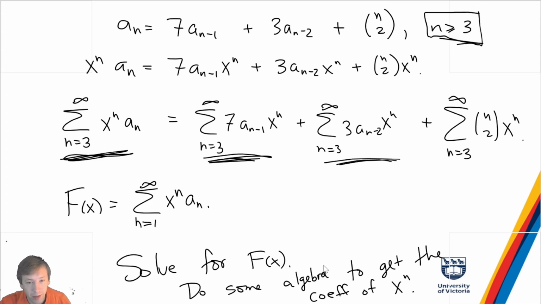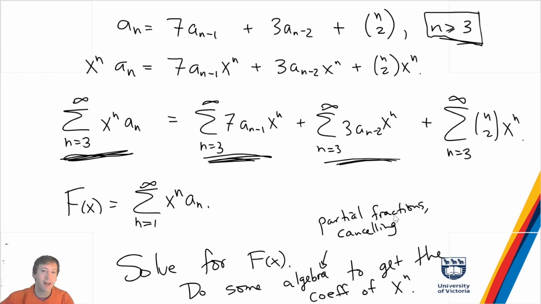And then basically after that point, it's just doing some algebra to get the coefficient of x to the n. And when I say algebra, I mean partial fractions, canceling. If you have something on the top and bottom of some fraction, cancel it out, manipulate things, move things around, and get the coefficient of x to the n. Okay, so I recognize I've only done one example here, but the method is exactly the same every time.